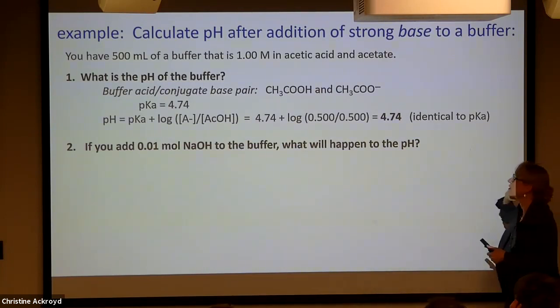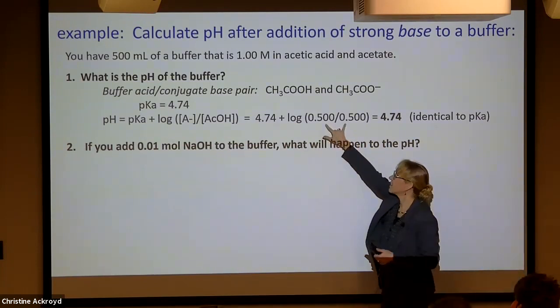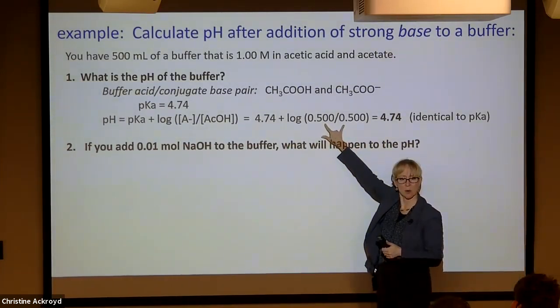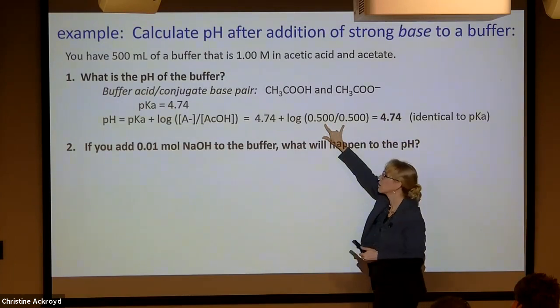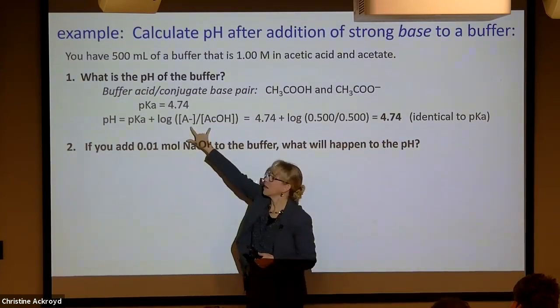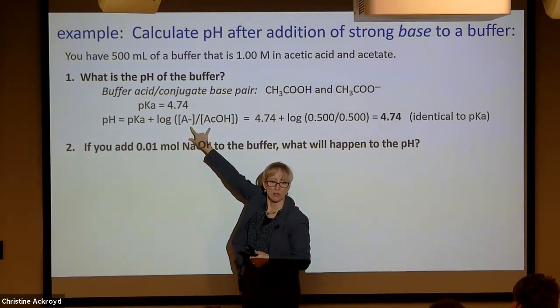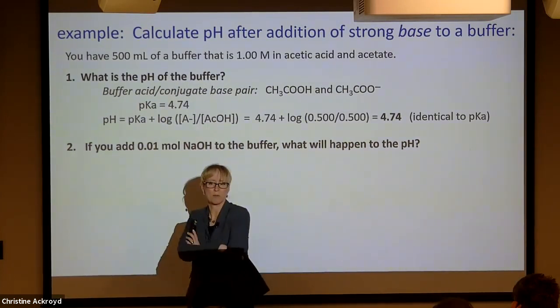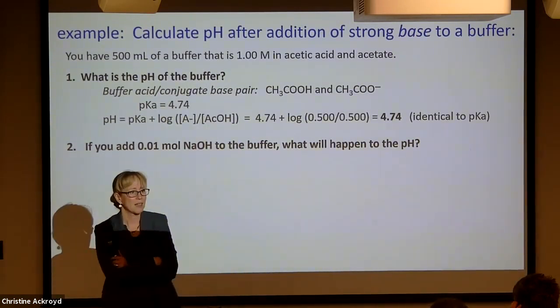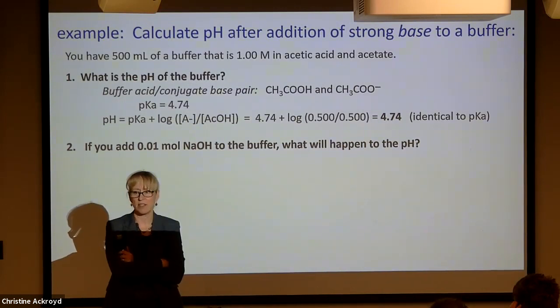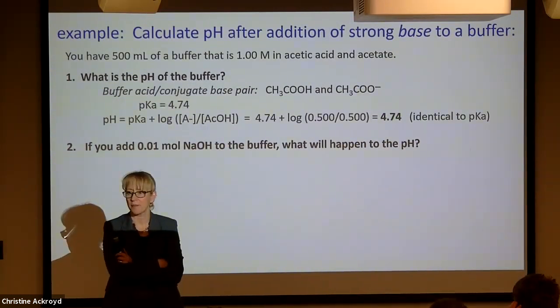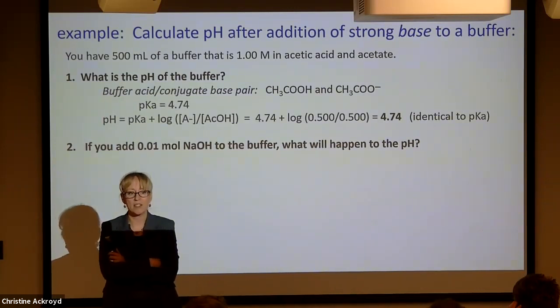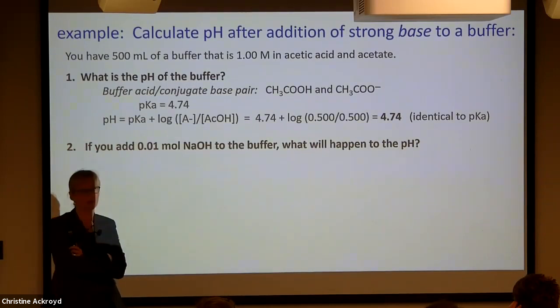Now here's a question. This ratio here says 0.5 over 0.5, but the formula uses molar concentrations, and the molar concentrations are 1.00. Is it a mistake that it says 0.5? Somebody explain. You can use the mole ratio interchangeably with the concentration ratio here.